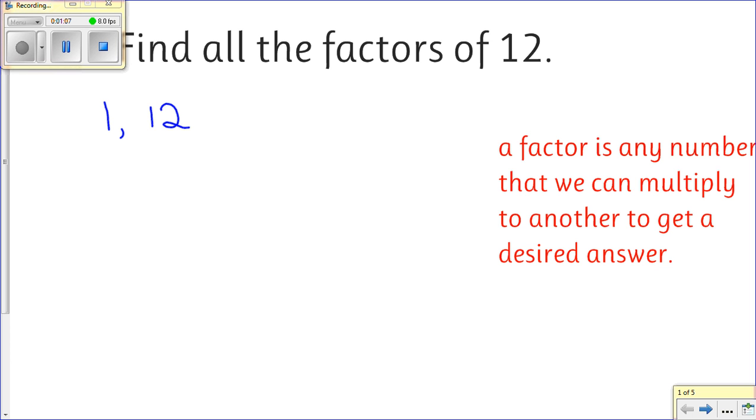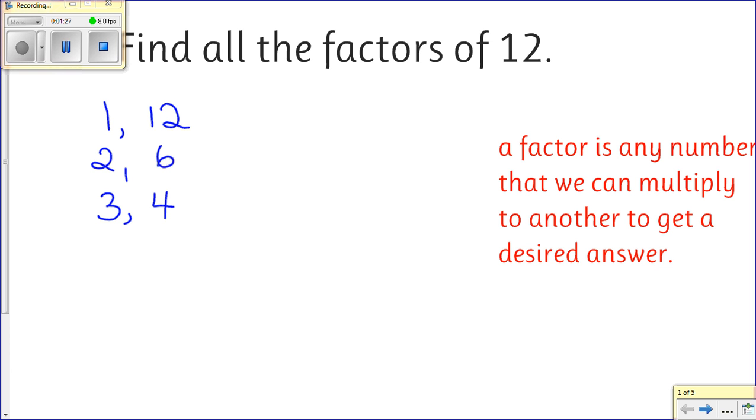So 1 and 12 would be factors. I can take 2 and multiply it by 6, or multiply 6 by 2 to get 12. And then I can take 3 and multiply by 4 to get 12. Or I can take 4 and multiply by 3.